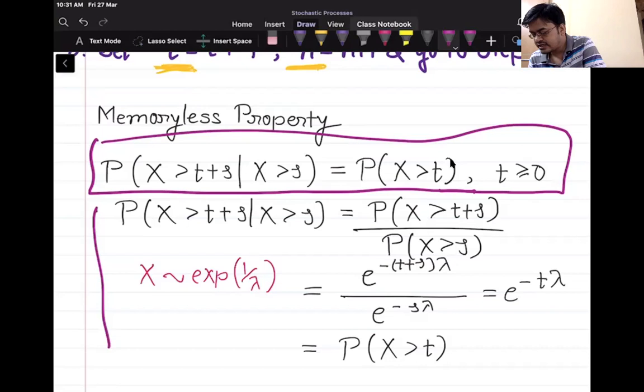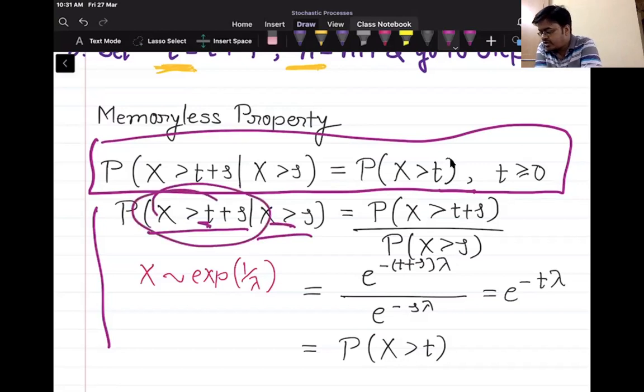If X is greater than t plus s, given that X is greater than s, then you can see that X greater than t plus s is a subset of X greater than s. Therefore, if I take the intersection of these two events, the event is a subset. So I will have the probability of X greater than t plus s as the numerator and the probability of X greater than s as the denominator.